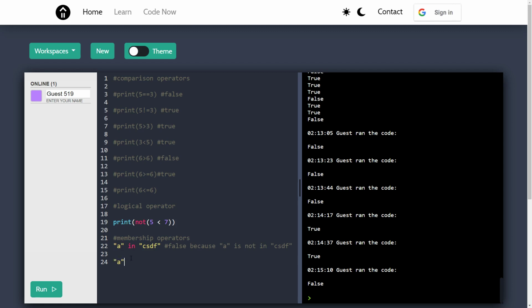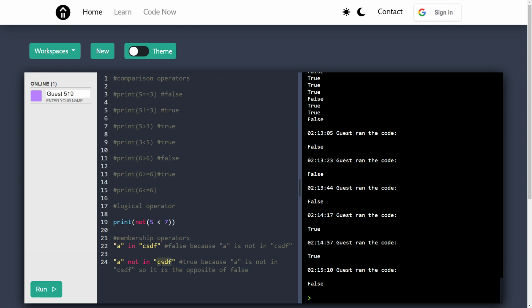If A not in CSDF, true, because A is not in CSDF, so it is the opposite of false.